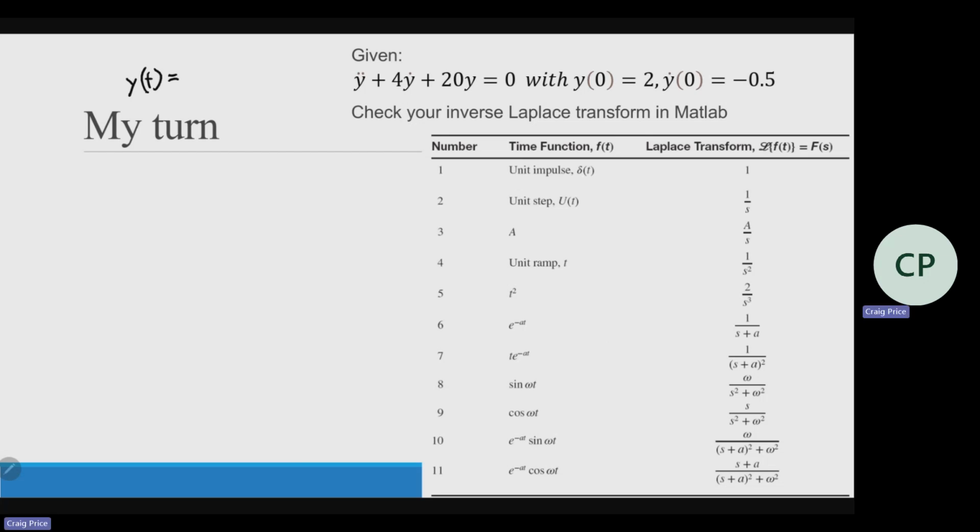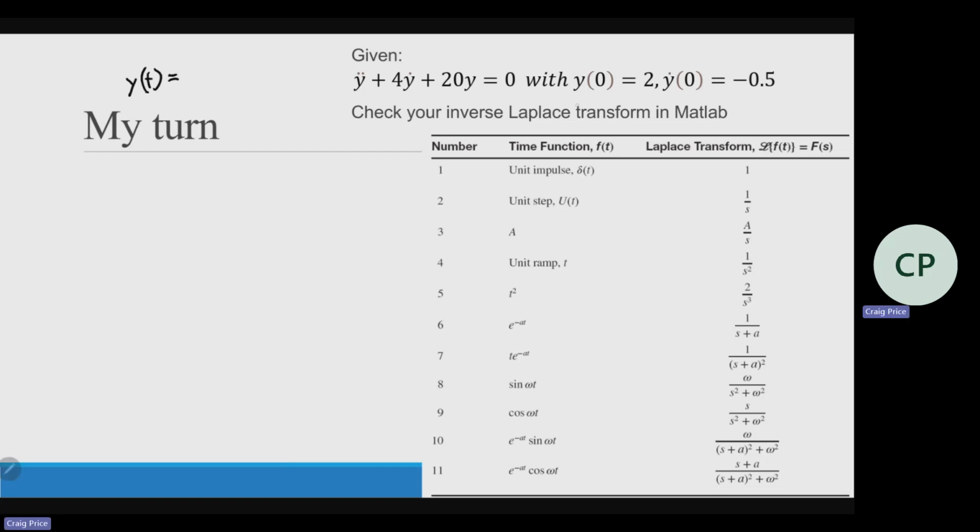How will my system respond to an input? So first we need to put it in standard form. How do we put it in standard form? Oh, it is. Yeah, it is in standard form.